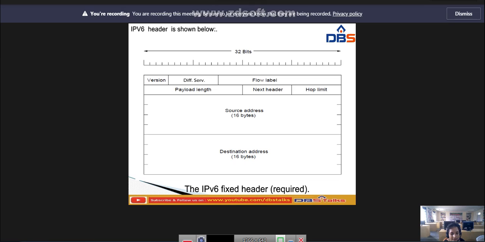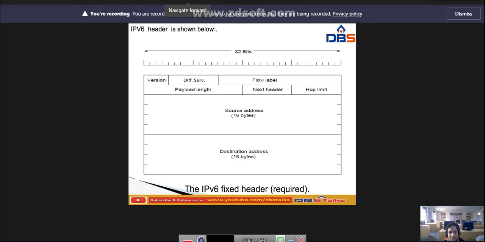Addresses are assigned to individual interfaces or nodes. The destination address field is a 128 bit internet address that identifies the destination of the datagram.